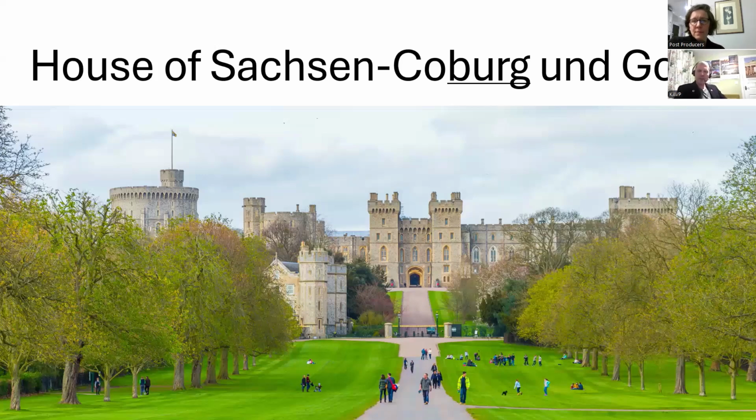And it continues to be the royal house in the UK to this day, except the name was changed during World War I. The name was changed to the name of the castle, or Burg, you see below, so the name is now Windsor instead of Sachsen-Coburg und Gotha, because Sachsen-Coburg und Gotha sounded too German, and they didn't want that during World War I.